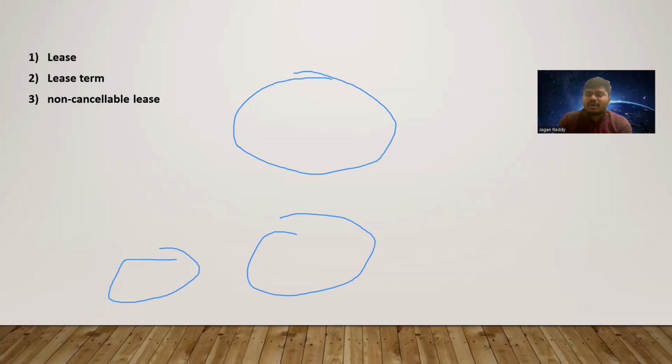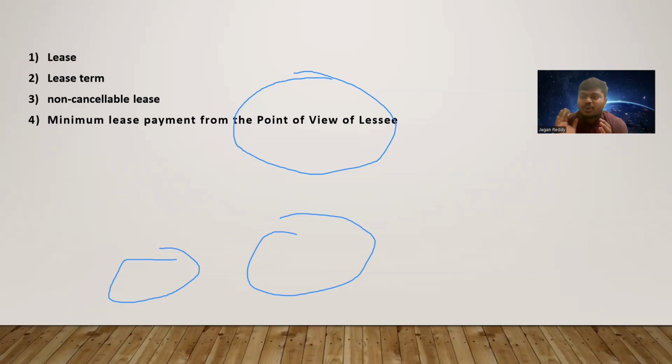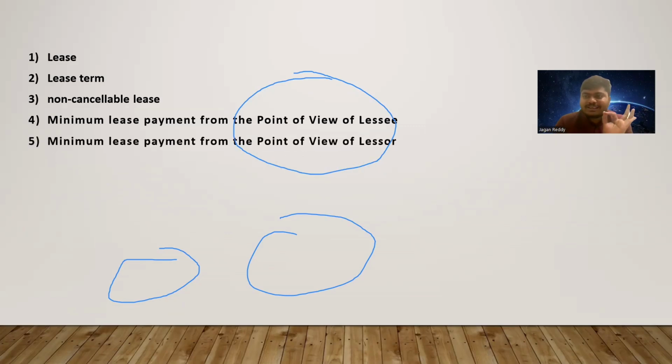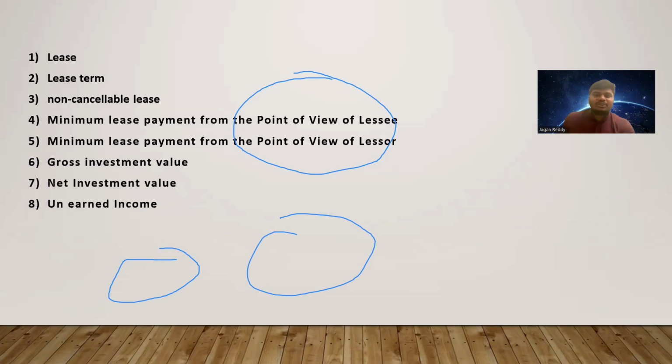Now I'm going to discuss important definitions. If you understood these definitions, then the total chapter is very easy for you. They are: minimum lease payments from the point of view of the lessee, minimum lease payments from the point of view of the lessor, gross investment value, net investment value, and unearned income.